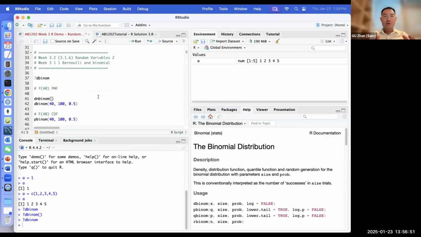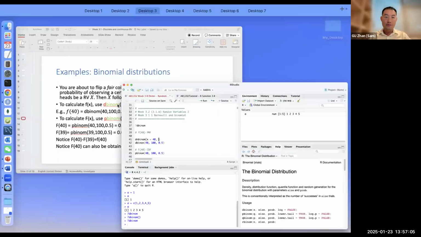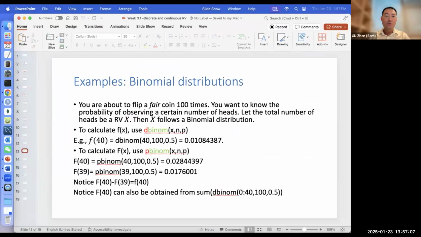So to have a complete line of code, you can type x equal to how much? x equal to 40. So getting 40 heads.